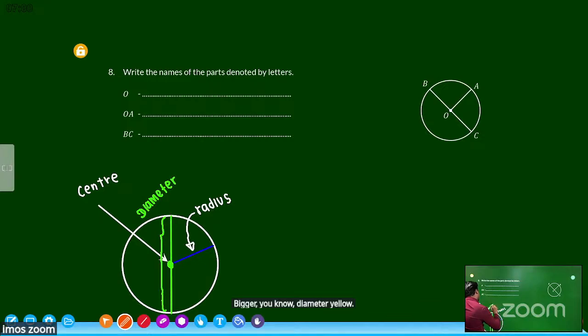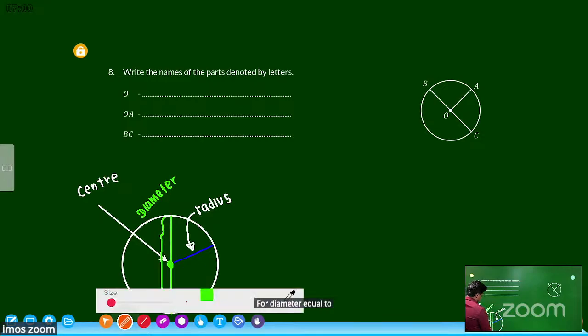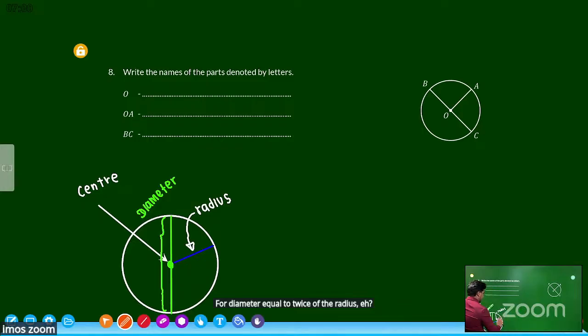So diameter is equal to twice the radius. If the radius is r, the diameter is 2r. What is the O? O is the center. What is the OA? It is a radius. BC, it is a diameter.